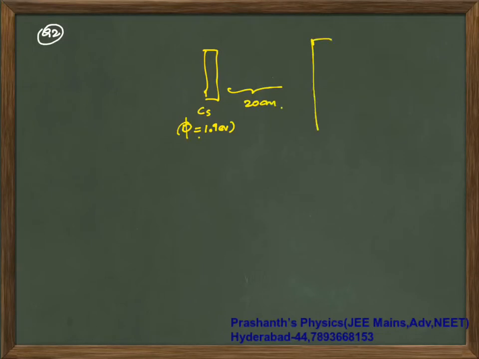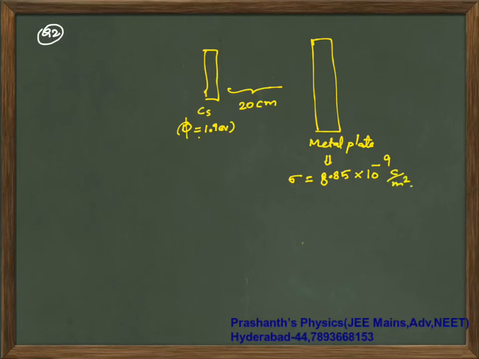There is a large metal plate here. This metal plate has a charge density of sigma equal to 8.85 into 10 power minus 9 coulomb per meter square, which is facing the cesium surface.